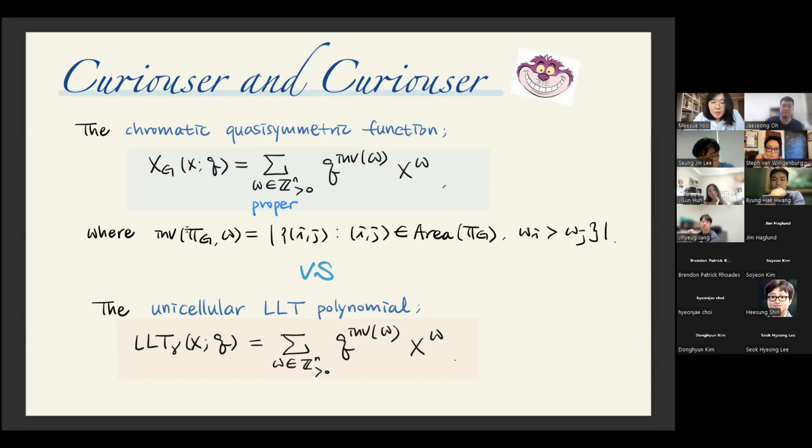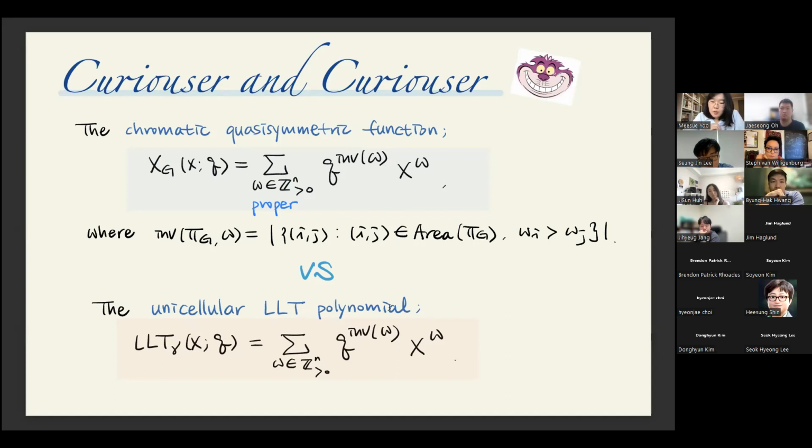But the way of computing this inversion statistic is just the same as for the unicellular LLT polynomials. So these are very similar, but the only discrepancy is that we have this proper condition for the chromatic quasisymmetric function, whereas we didn't have any condition for the unicellular LLT polynomials.